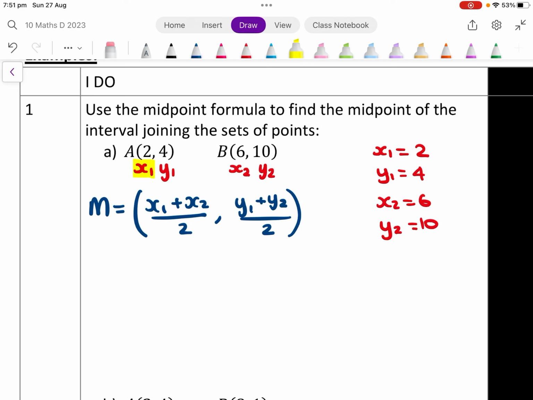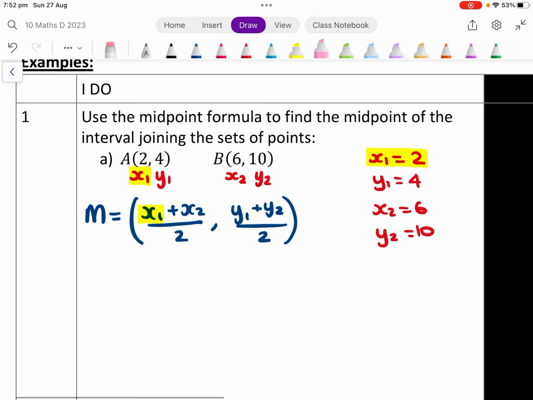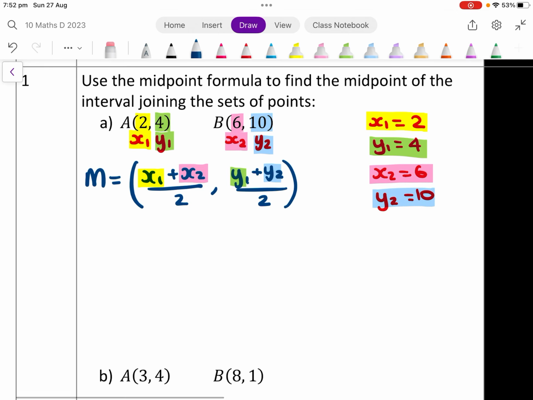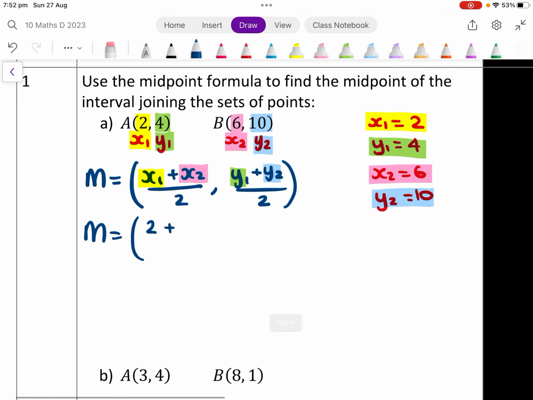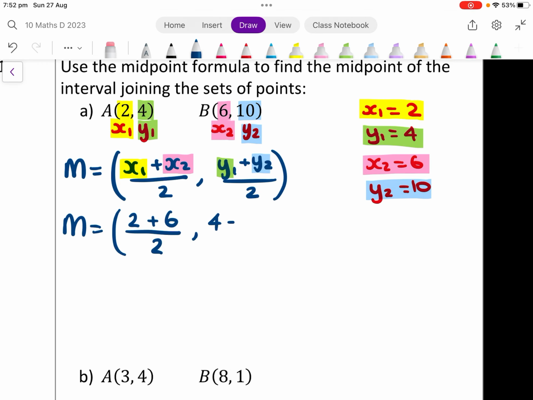So now what we're going to do is substitute these in, or replace our x1 and x2 in the first fraction, and then replace our y1 and our y2 in our second fraction. So what we'll have is that m equals our x1 of 2 plus our x2 of 6 all over 2, comma, our y1 of 4 plus our y2 of 10 all over 2.